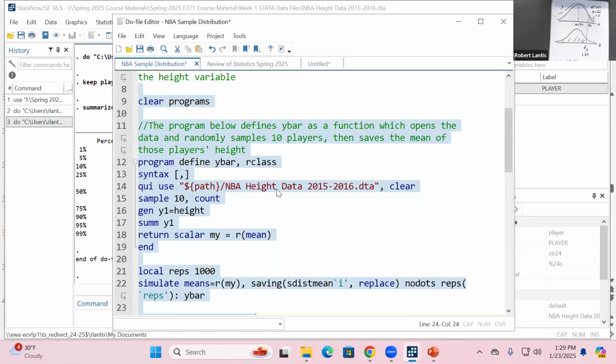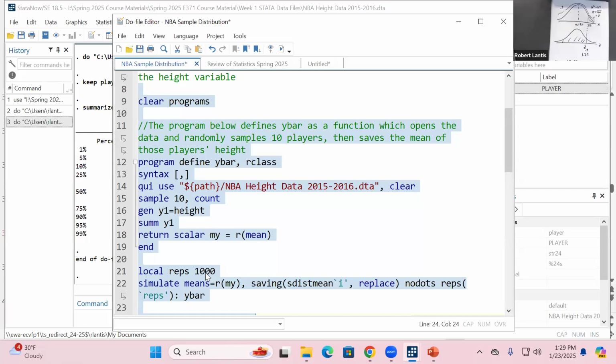It opens the population data, randomly samples 10 of the observations, saves them, calculates the mean, and stores it. It's then going to do that 1,000 different times: randomly sample 10 different players, calculate the mean, keep that number, and sample again. So I should end up with a data set of 1,000 different sample means.